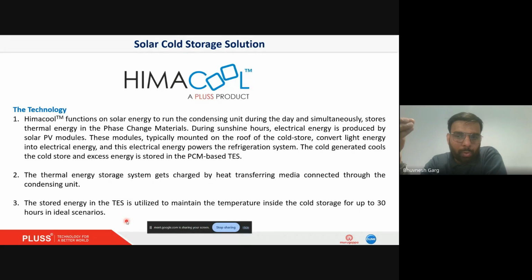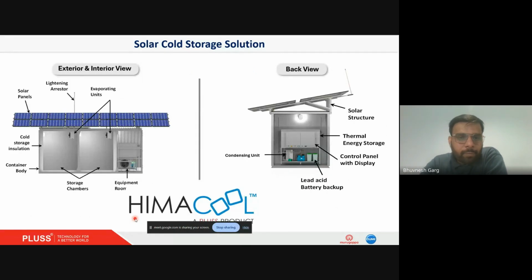Right? So this is the concept, and if you see the drawing of this cold storage, this is the thermal energy storage, and at the bottom there is refrigeration equipment having your condenser, compressor, and everything, and on the top of it there is a thermal bank having PCM filled inside, and there is piping which goes from your thermal tank to your indoor unit.